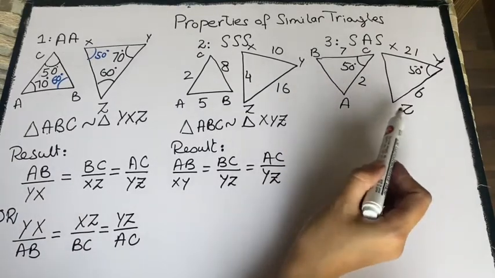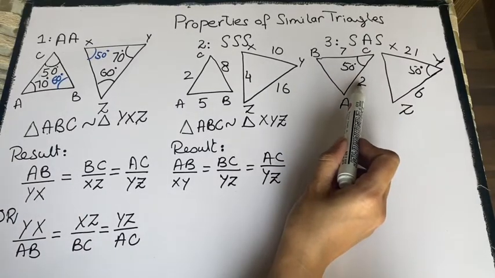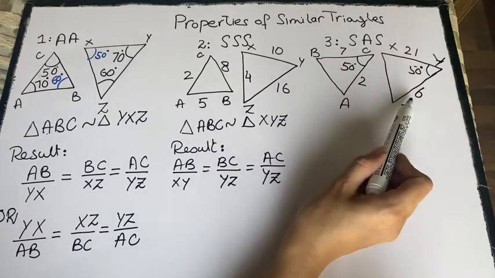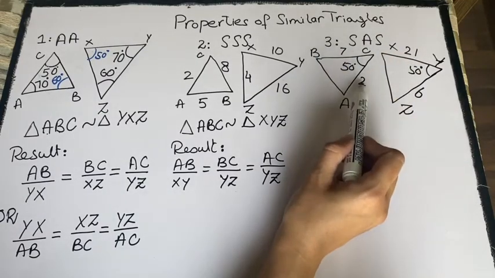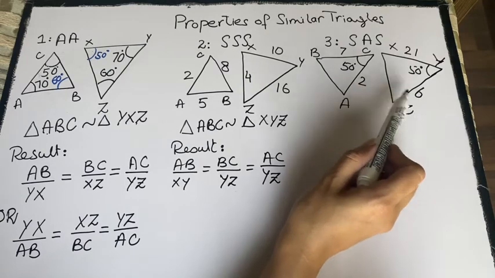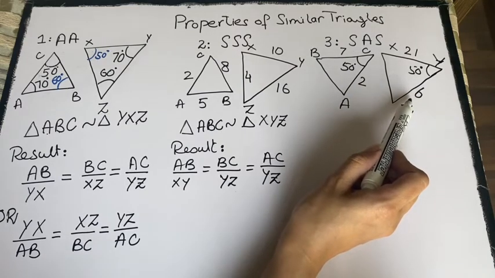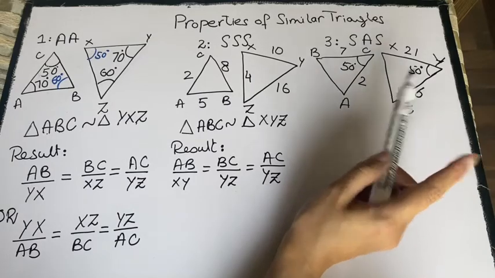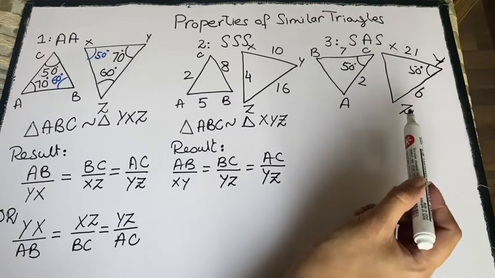If two sides are given and you can see that 2 3s are 6, 7 3s are 21, the sides are proportionate, so only two sides are proportionate. If two sides are proportionate, this is not enough information to prove that these two triangles are similar. You need to have one corresponding angle equal.